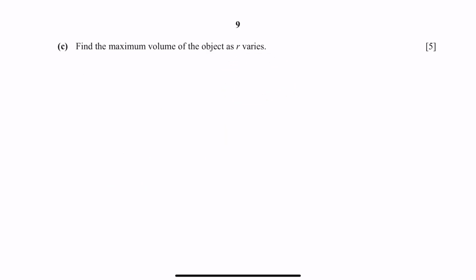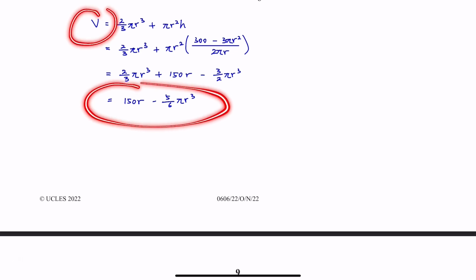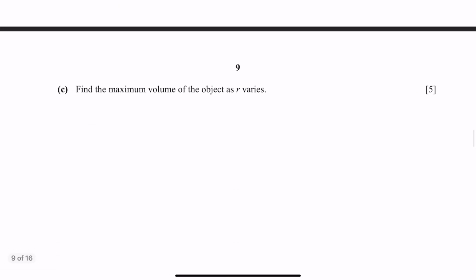Part C. Find the maximum volume of the object as r varies. So we have an equation of V and r over here. To find the maximum volume, we need to differentiate this equation. So we have V equals 150r minus 5 over 6 pi r cubed.